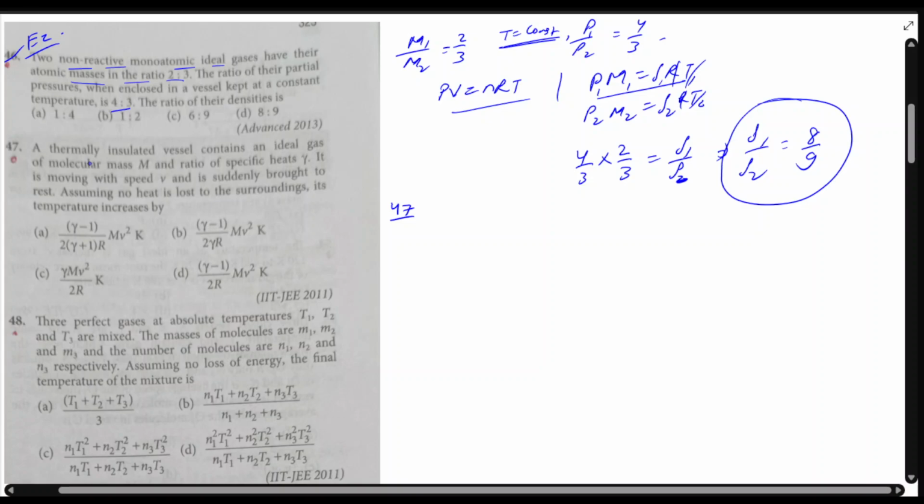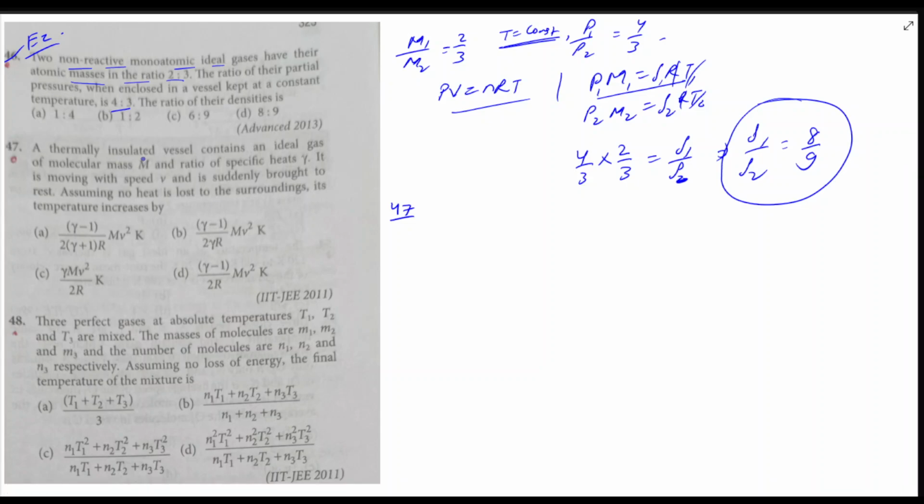We have a thermally insulated vessel that contains an ideal gas of molecular mass M and specific heat ratio gamma, where gamma is Cp by Cv. It is moving with the speed v and is suddenly brought to rest. Assuming no heat is lost, its temperature increases.